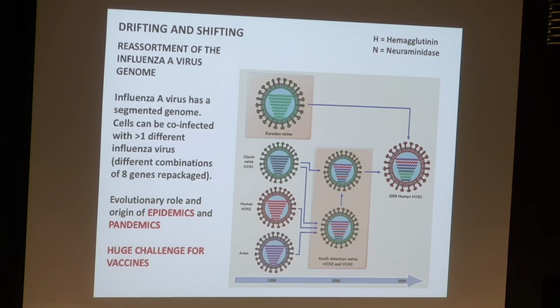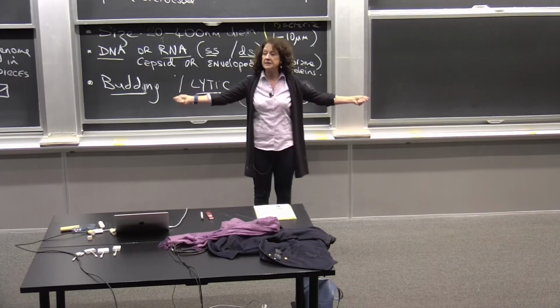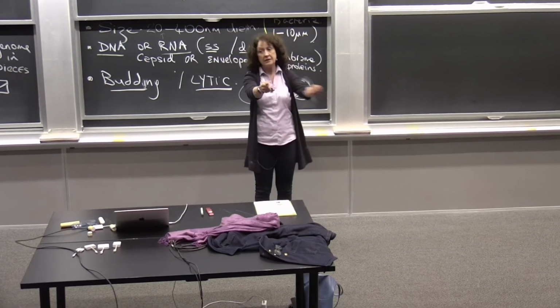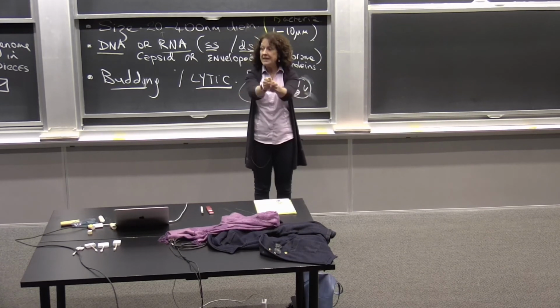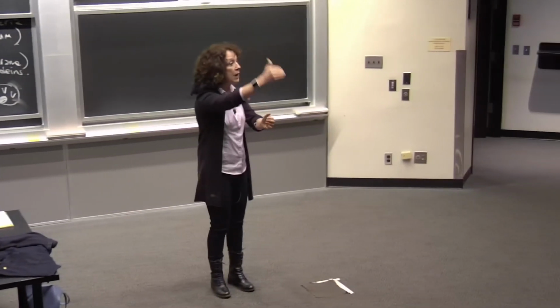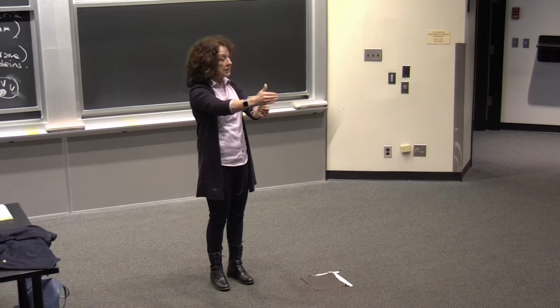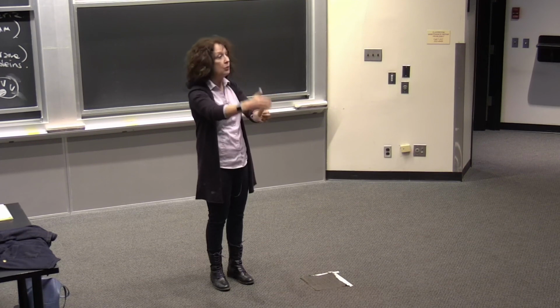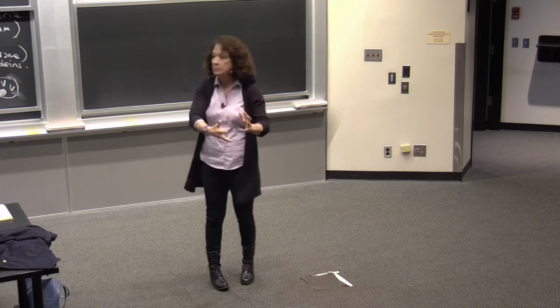If in certain communities where people often live with their livestock, a cell gets infected with viruses, a human virus and a swine virus, they can mix and match together, and you can make a totally different viral composition, where you've got one piece of genetic information from the swine flu and 7 more from the human flu.